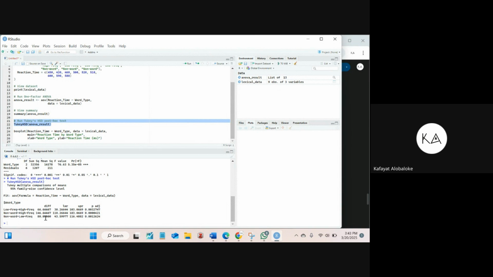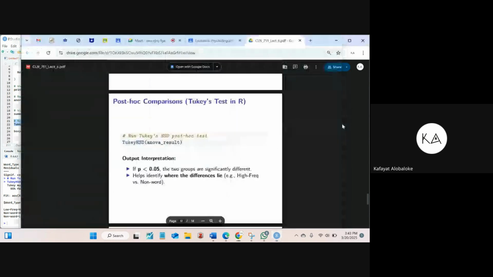Amongst these three, we can see that the highest difference is the non-words versus the high frequency. Now, what does this tell us? This simply means that the non-words have the highest reaction time against the high frequency.